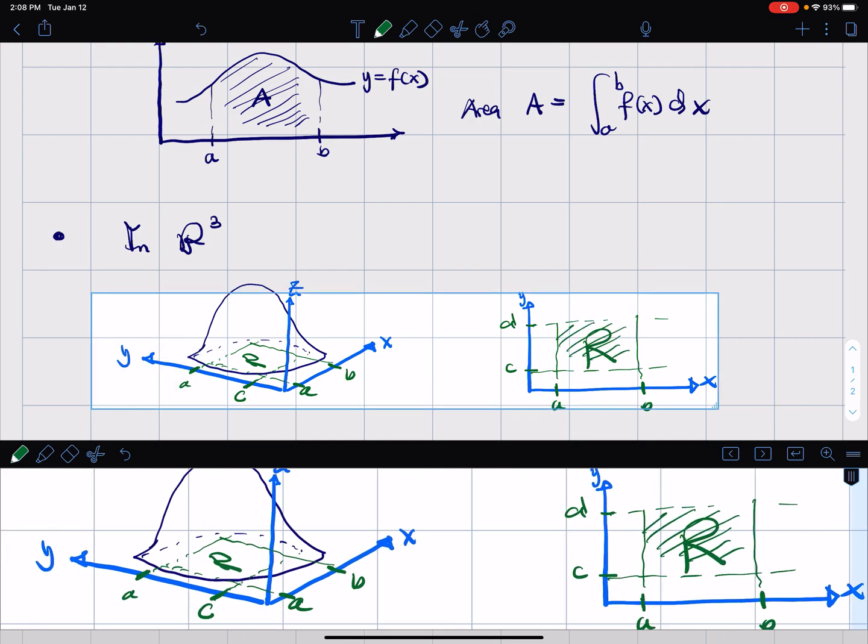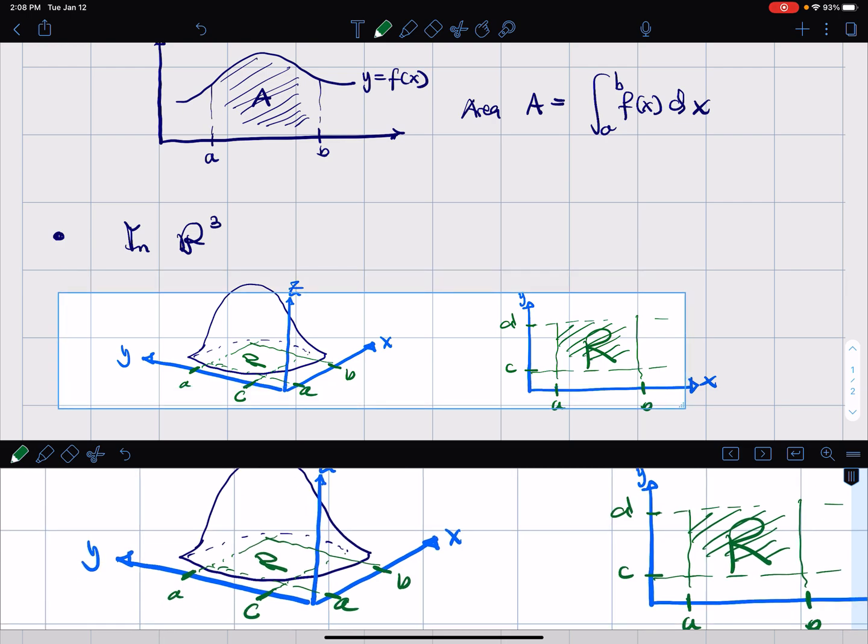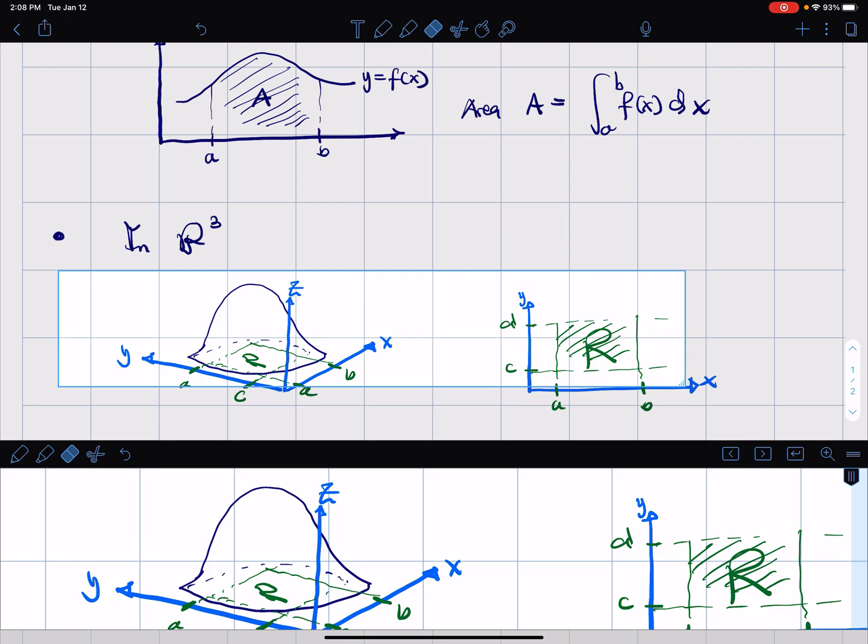So all we're trying to do is find the volume of this surface that is on top of this region R. So maybe something like this.